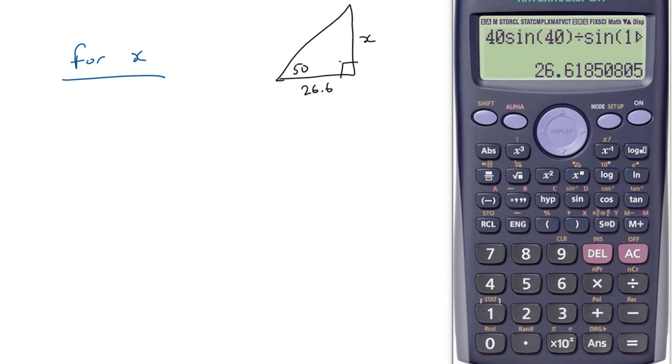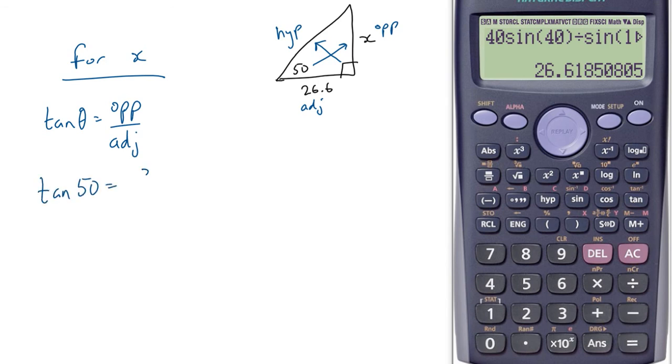So there's my hypotenuse. Now I'm doing SOHCAHTOA, right? There's my opposite, and the last one is adjacent. Which one is opposite and adjacent? Tangent. So tan of 50 equals opposite, which is x, over adjacent, which is my 26.6.